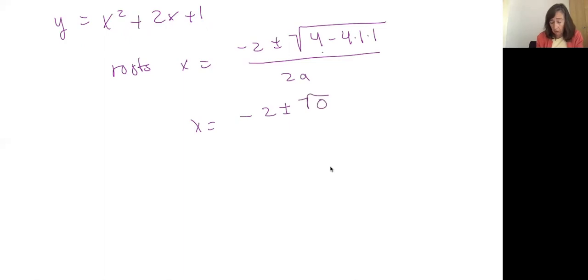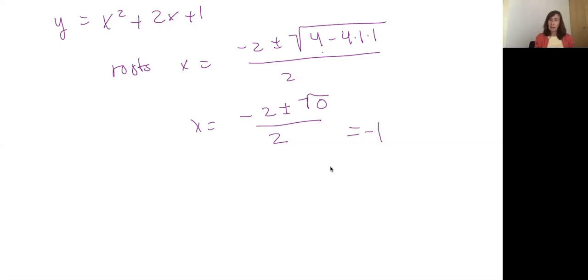Square root of 0 is 0. -2 over 2 equals -1. Okay, I just saw something wrong that I wrote before. You might be noticing that this a doesn't need to be there. I'd substituted the a, so let's get rid of that. a equals 2 there.